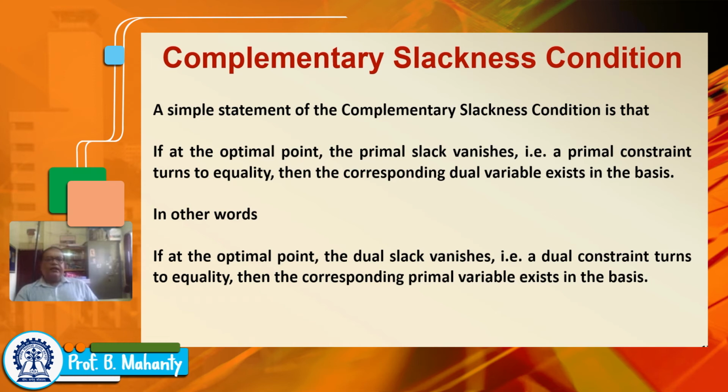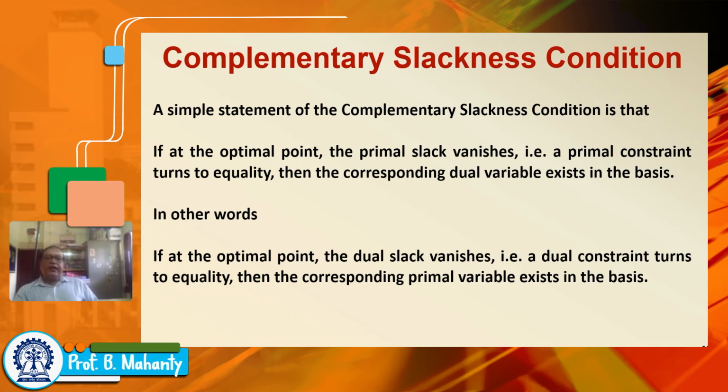The primal slack in this case is, say, u0 or u1, a particular one. So if that u1 becomes 0, then since u1 into y1 equals 0, that dual variable will have a value. It will exist in the basis.